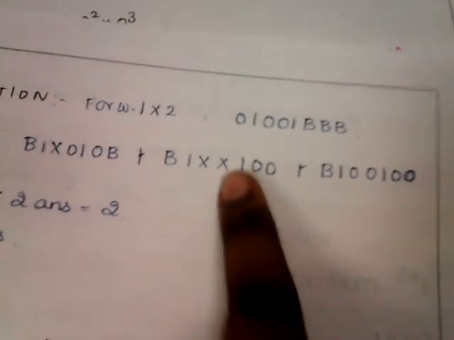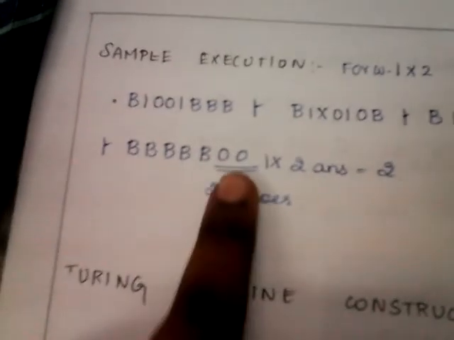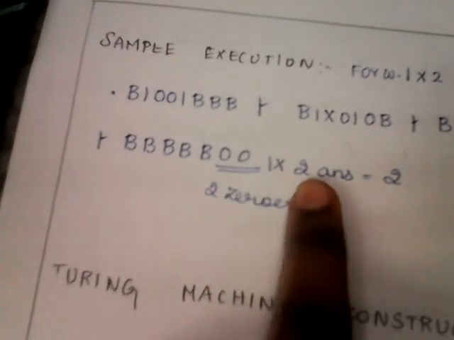Now we have reached the x before 1, so we convert these x into 0, and then we convert these b 1 0 0 1 to blank symbols. So we get 2 zeros, which is our answer: 1 into 2 is equal to 2, that is 2 zeros.